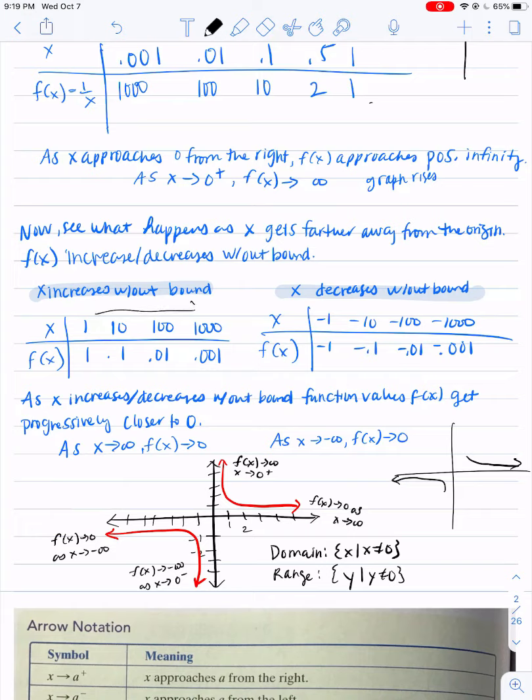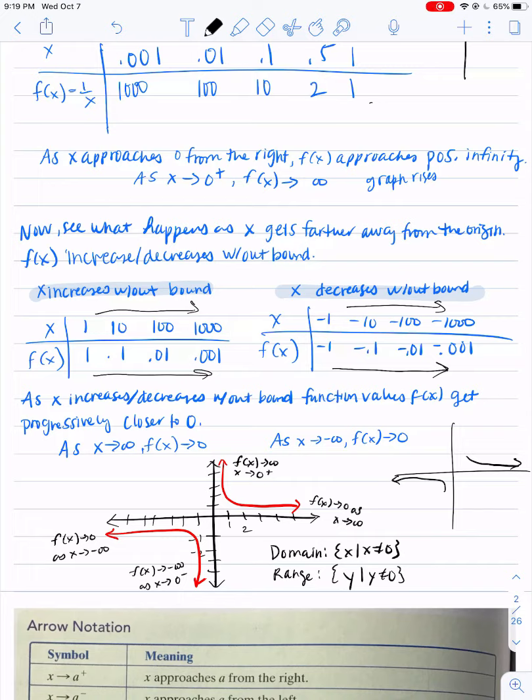So for x values increasing, we can see that our y values get smaller and smaller. And then when x decreases without bound, so we're just going closer and closer to negative infinity, we see that our values become greater.